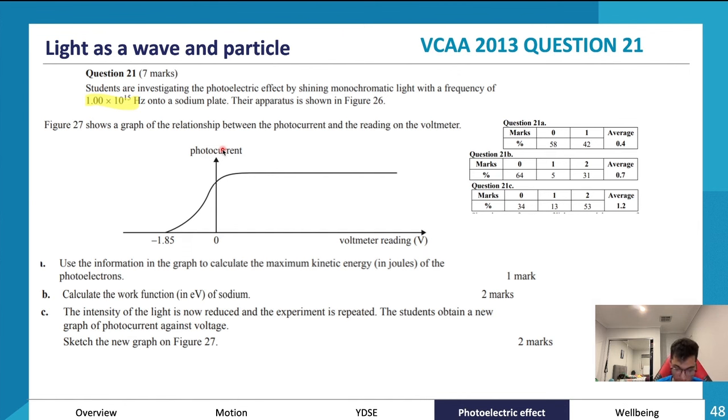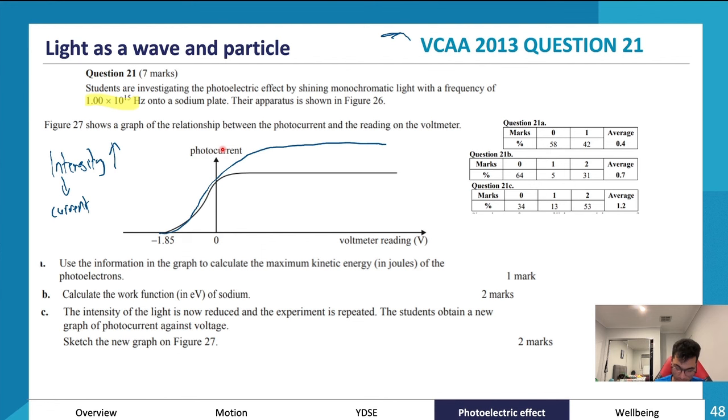So if intensity increases, we know intensity will only impact the current. So if we were to increase the intensity, we would see the same graph, but the y-axis is going to be slightly higher because of the increased intensity, which is going to increase the current.